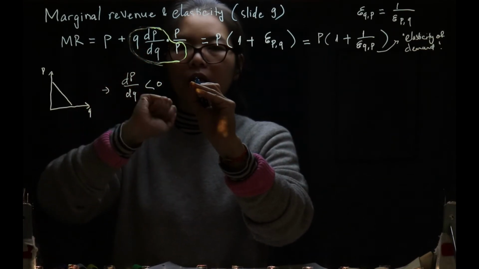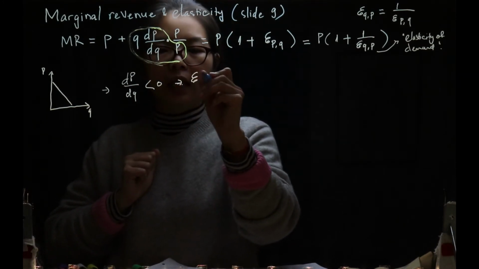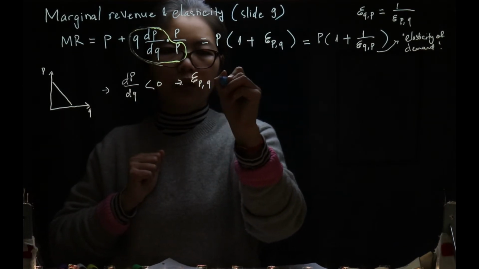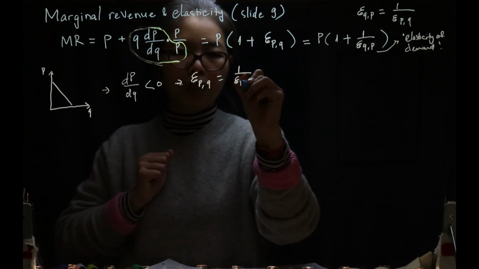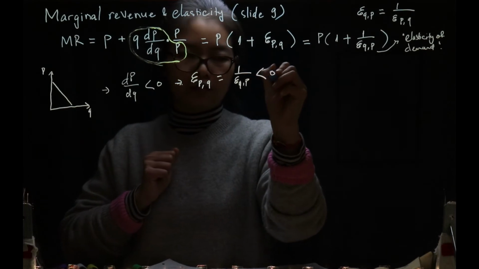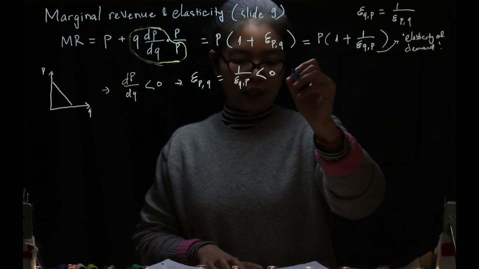Because Q and P are both positive. So that means E of P with respect to Q, which equals 1 over E of Q with respect to P, is negative. Okay. And then what's next?